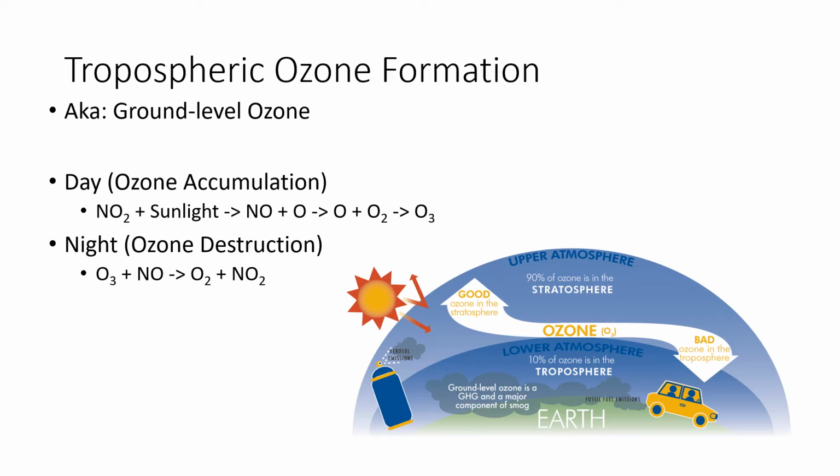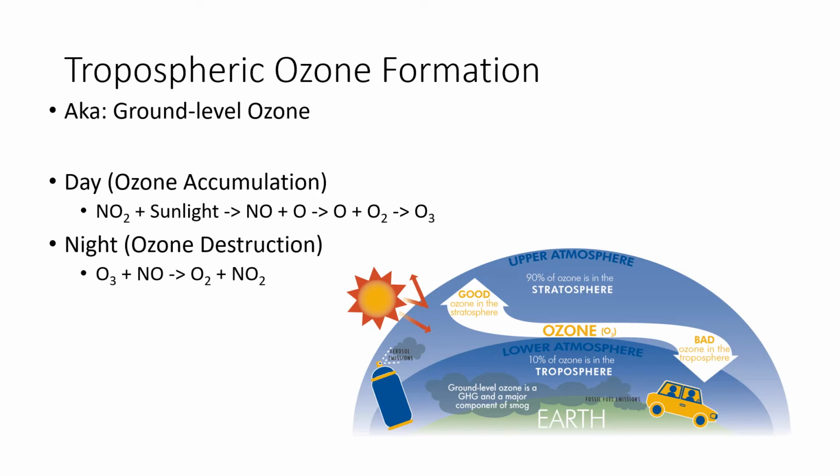Through sunlight, a photochemical reaction, that nitrogen dioxide breaks apart into nitrogen oxide and a single oxygen atom. That oxygen atom reacts with regular molecular oxygen in the atmosphere to give us ozone, or O3.